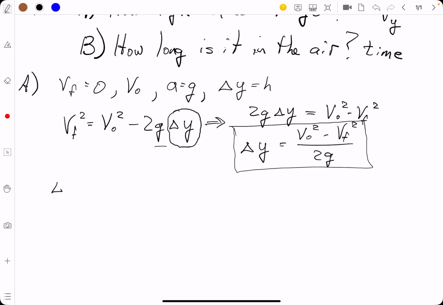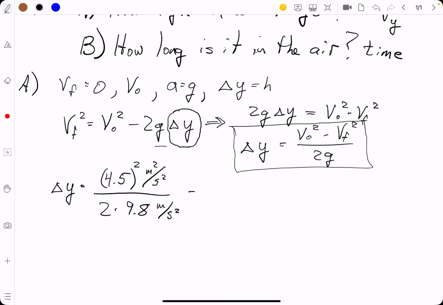So what we're really left with is delta y is equal to 4.5 squared meters squared per second squared. And we're going to divide out by 2 times 9.8 meters per second squared.